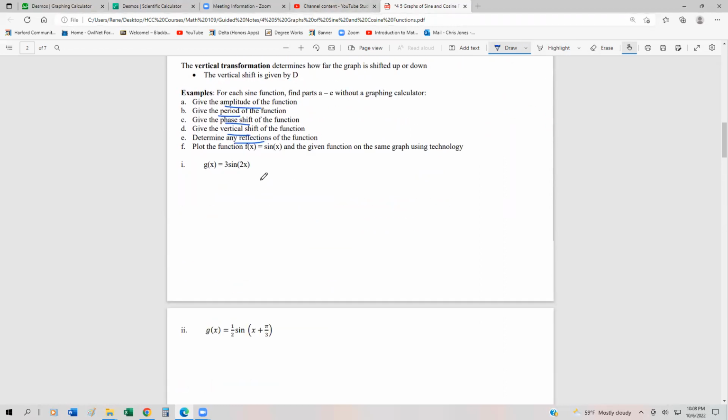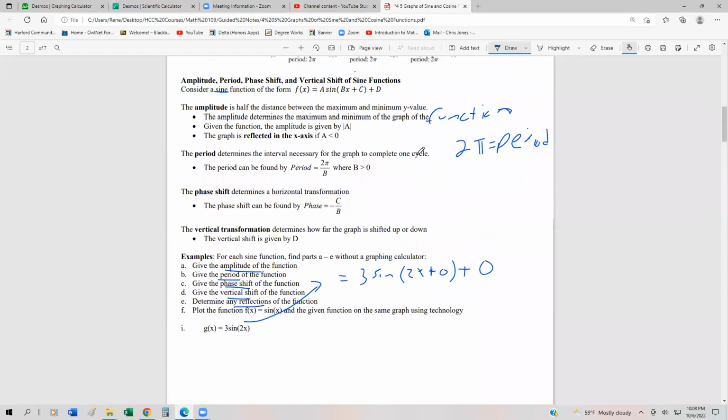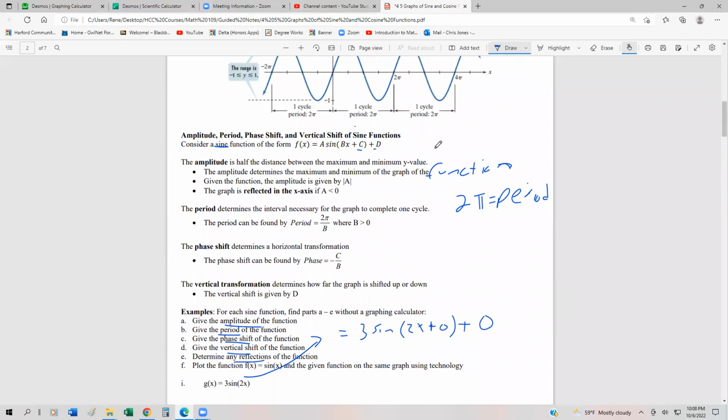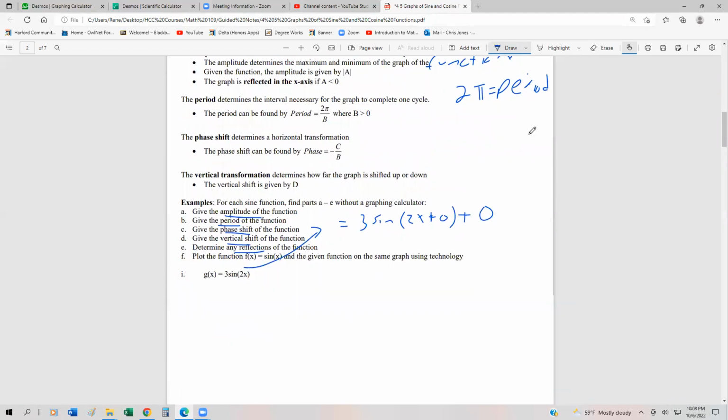All right, so we have this function, 3 sine of 2x. Another way to write this would be 3 sine of 2x plus 0, plus 0. The reason I do that is because I still need to figure out what C and D are to be able to find some of those other characteristics.